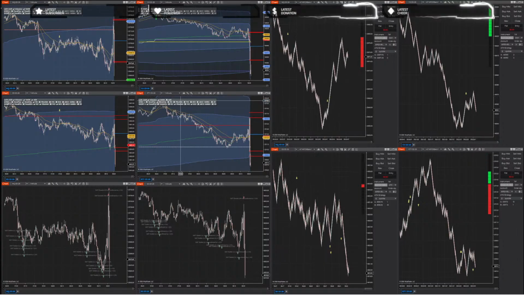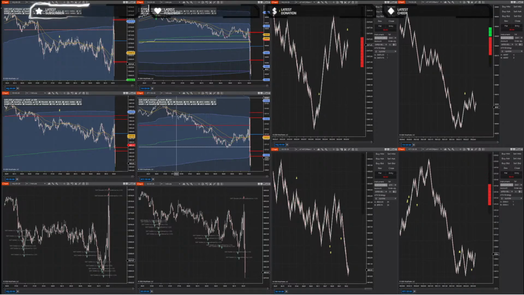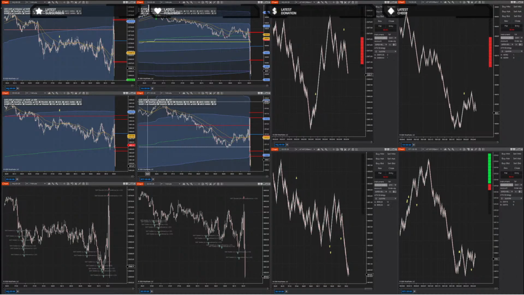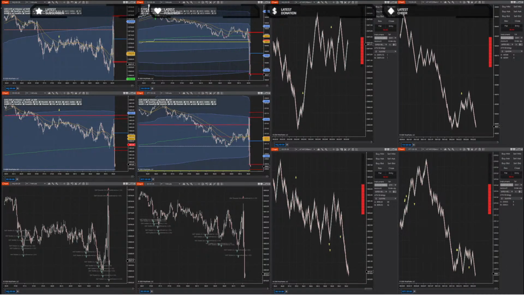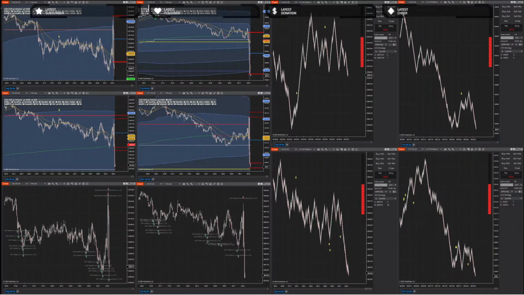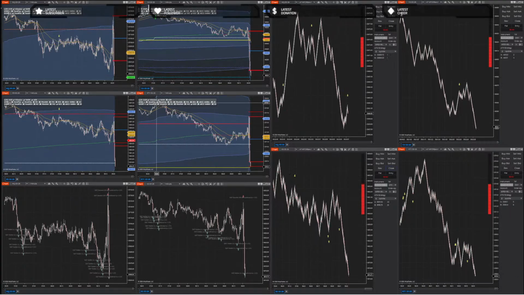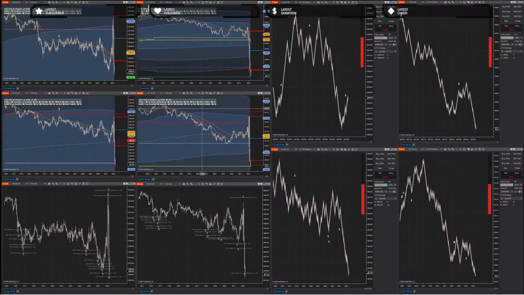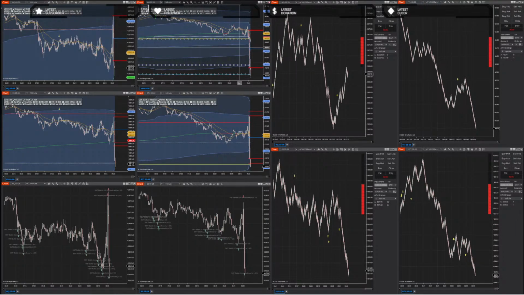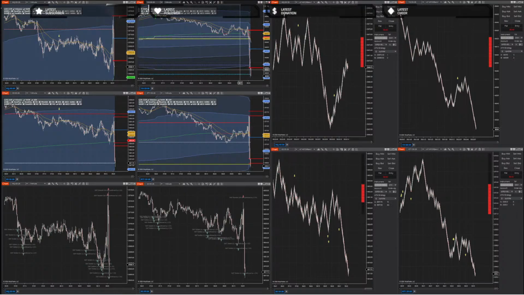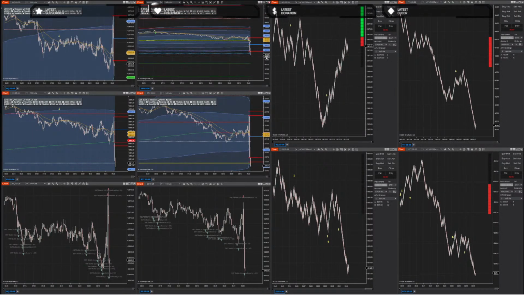Some of the other things on these higher time frames: there is this multi-confluence algorithm that looks for multiple things to line up before it takes a trade, or rather, it alerts that there's a potential for an up or a down move. Then there are these other lines, these yellow, blue, purple, and green lines.